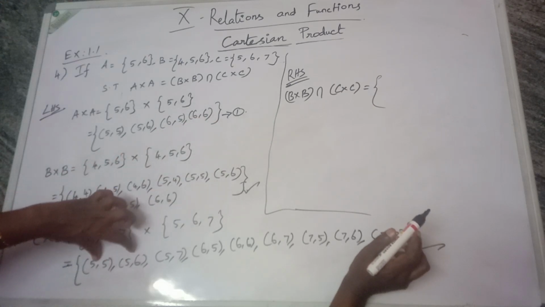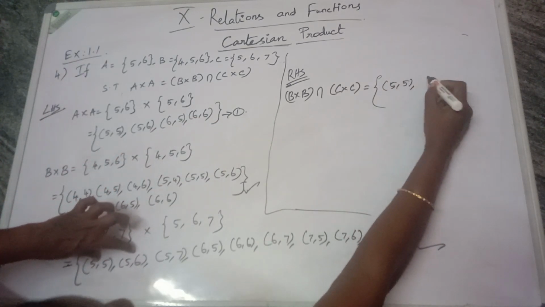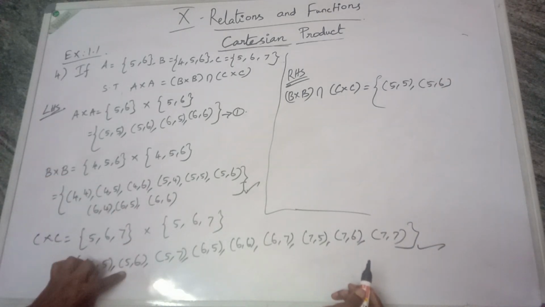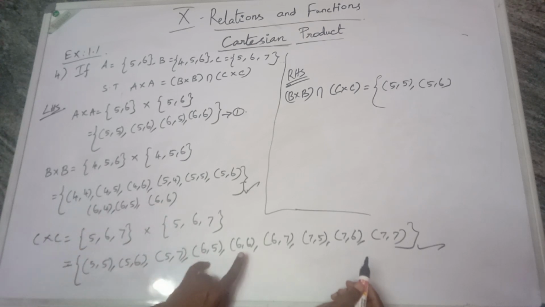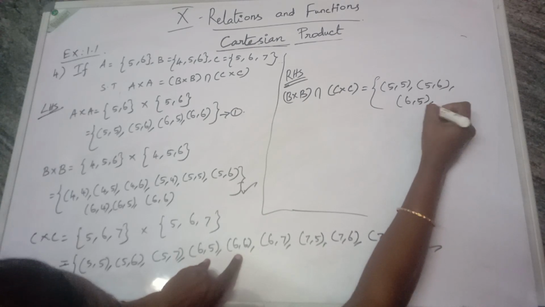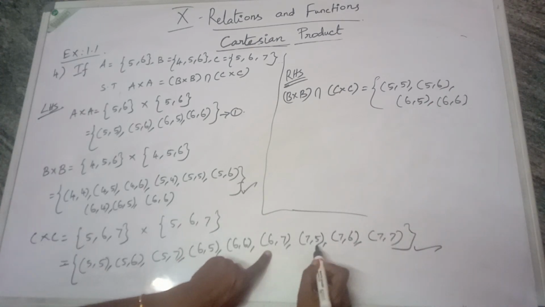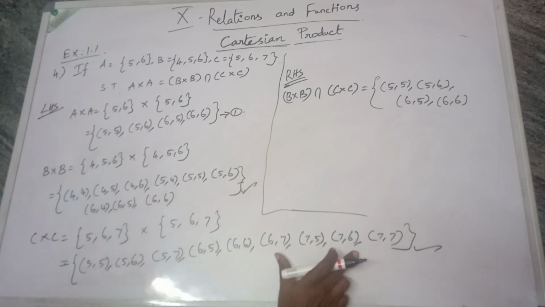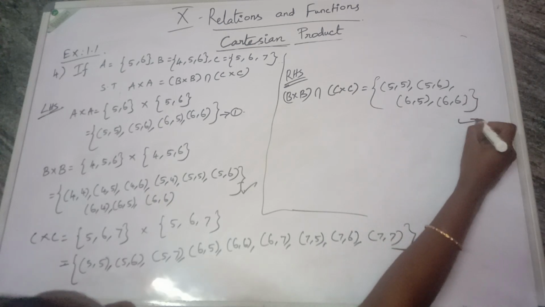Here also (5, 5), (5, 6). So these two are common elements. And (6, 4) is not here, so it is not common. (6, 5) and (6, 6) are here, so these two are common. And (6, 7) and the rest of the ordered pairs are not in B cross B, so these are not common. So you write as it is. We can take this as 2.